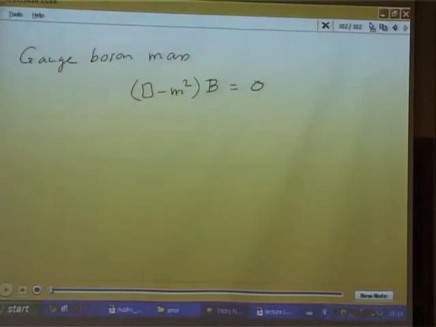This comes from a Lagrangian that is something like this: L equals half del mu B del mu B minus half m squared B squared.